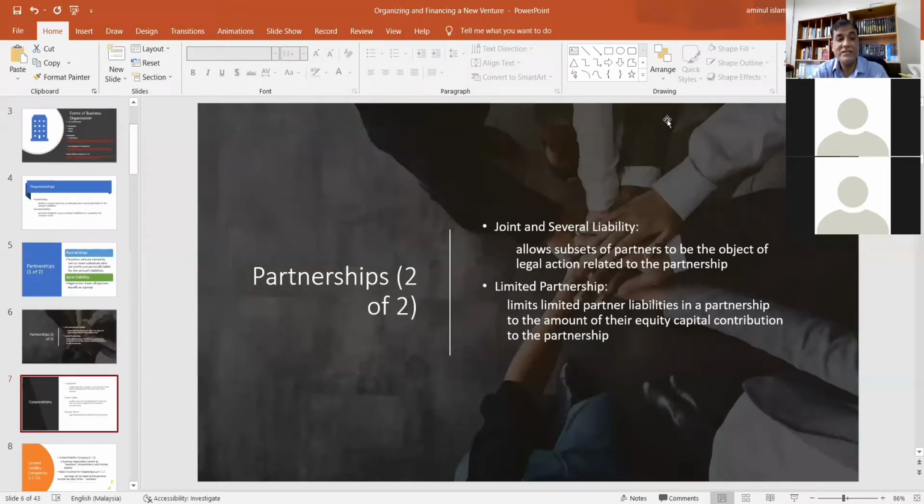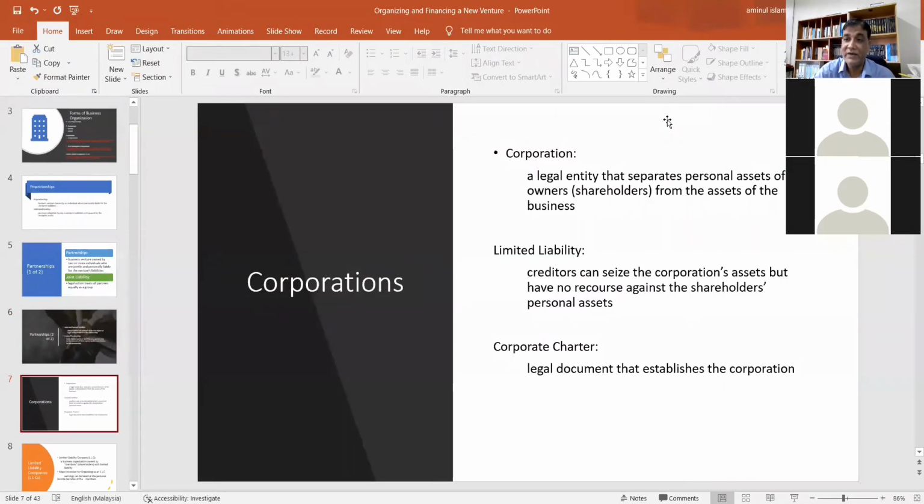All right. The third one, even bigger. When you have an idea and it is such a big venture, even a partnership form of organization may not be able to launch that venture and continue running the organization. In that case, you may start up as a legal entity, which we call a corporation. So here the personal assets of the owners, the shareholders, are separated from the assets of the business.